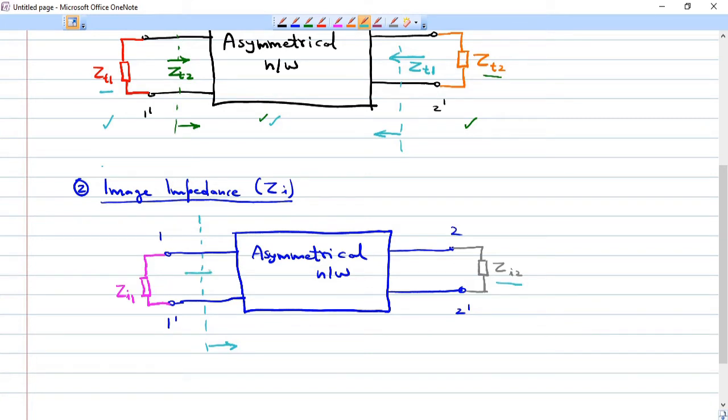So what is this impedance that we get when you look at the combined network, this one plus the Zi2 attached to the 2,2' terminal? So this impedance will be equal to Zi1. So that is the image impedance that we see. So we have defined an impedance Zi2 which, when attached to this 2,2' terminal, and you look at the network from the input side, you get an impedance Zi1. Okay.